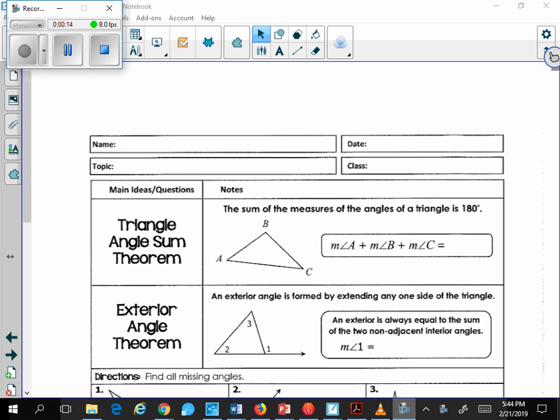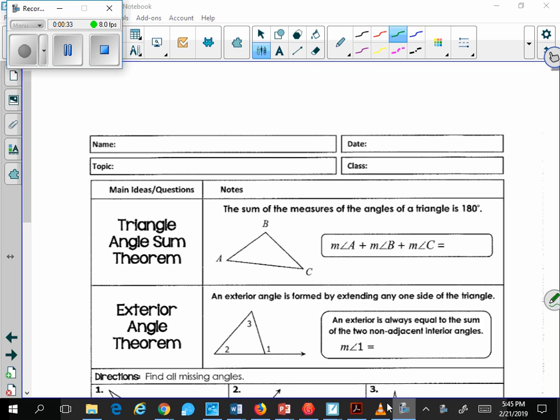First thing that we're going to talk about, there's this thing called the triangle angle sum theorem. Now this is not really that new a theorem to us. We're just putting a name on it. All that theorem says is that the sum of the measures of the angles of a triangle is 180 degrees.